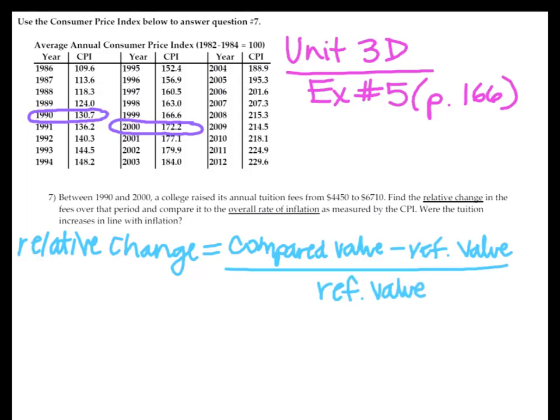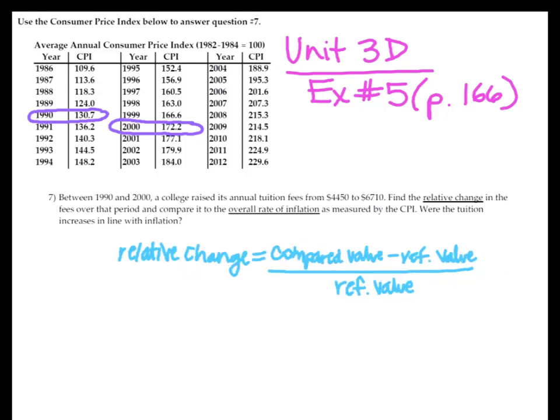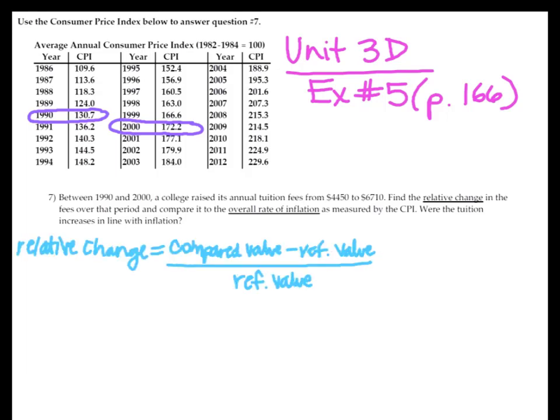And I'm running out of room on the screen, so I'm going to try to make this smaller. Okay, there we go. And this is multiplied by 100%. So that's our formula for relative change.